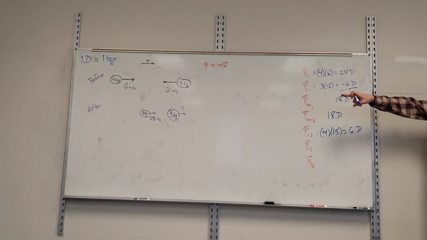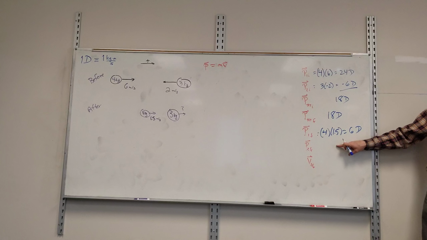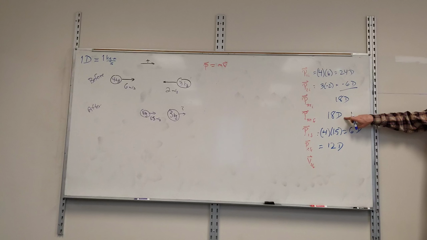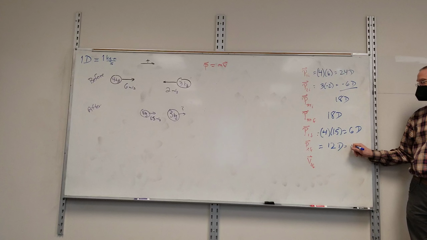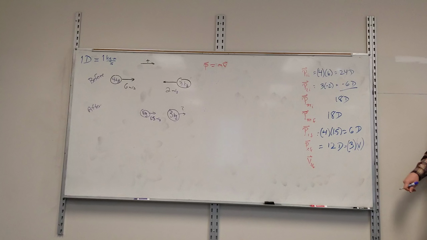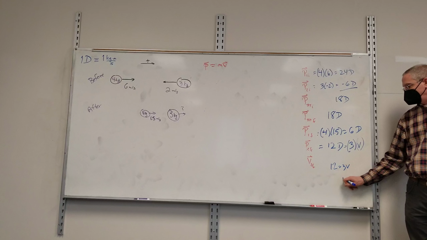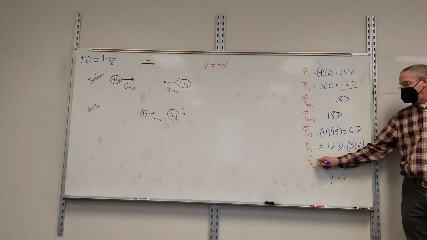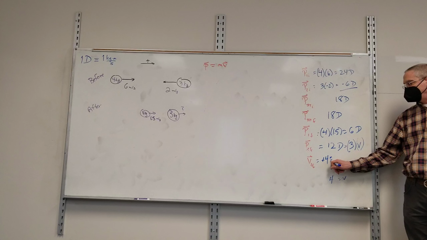I know 6 of it is taken care of in mass 1, so what does this need to be? 12. So 6 and 12 is 18. And that's equal to mass times velocity, so that's equal to 3 times my velocity. So 12 is equal to 3v. V equals 4, and it's a positive number, so positive 4 meters per second.